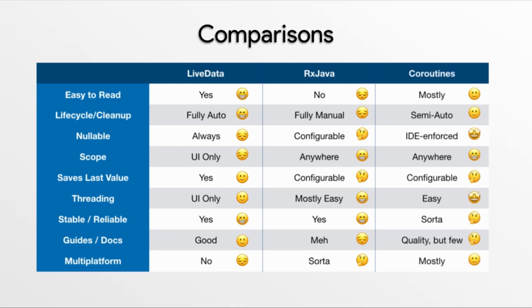Finally, coroutines, it's mostly easy to read. Just some caveats with cancellation and stuff. The lifecycle cleanup is semi-automatic, a bit better than RxJava. Nullability is just the best. The IDE enforces it. Everything that Kotlin did to Java, that's what coroutines does to RxJava. It's more or less the same, but nicer. But all that being said, threading is super great.